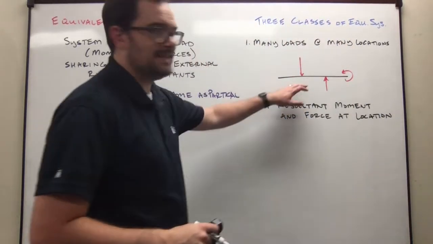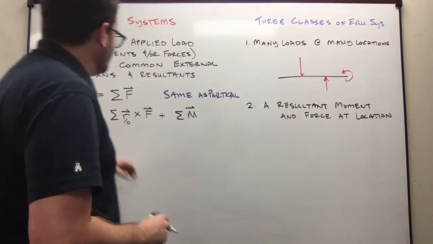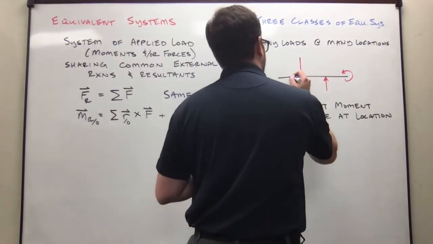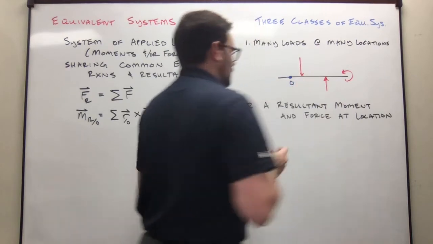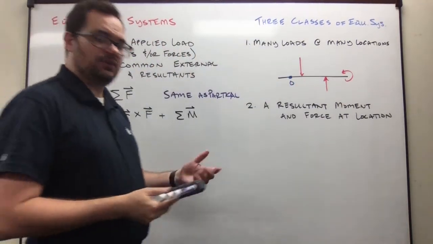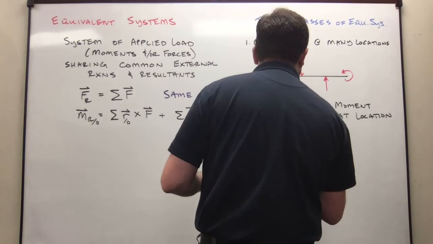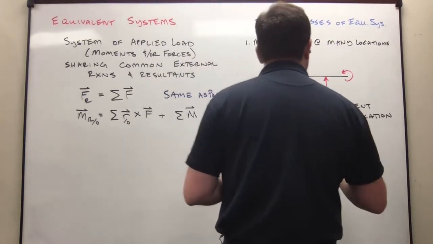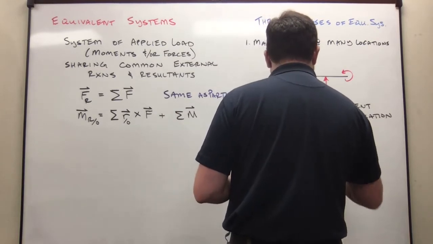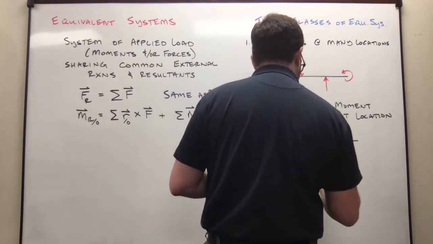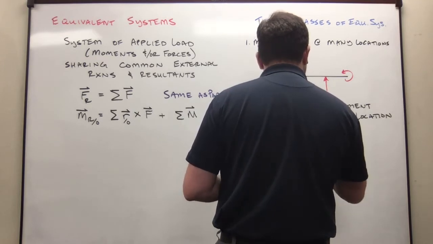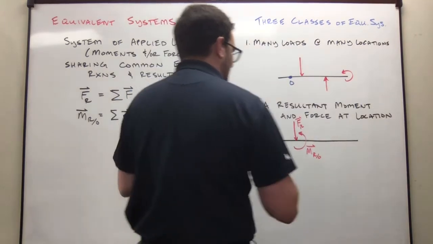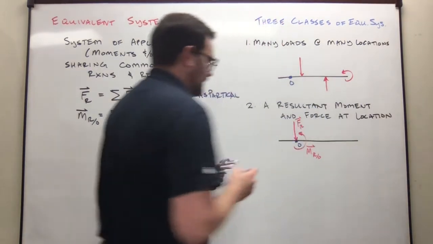So the idea is that if I take this and I sum up all my forces and I sum up all my moments, let's say that I pick some arbitrary point here, O, to sum my moments about, I could turn this into an equivalent system, something like this, which would have one force and one moment, our resultant force and our resultant moment, in fact, about this point O.